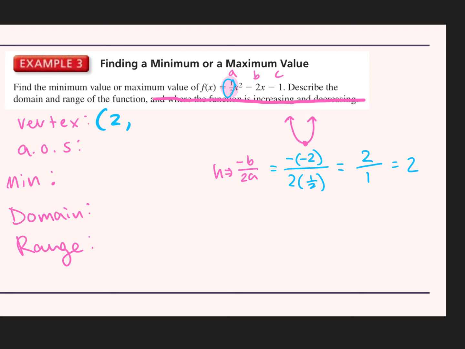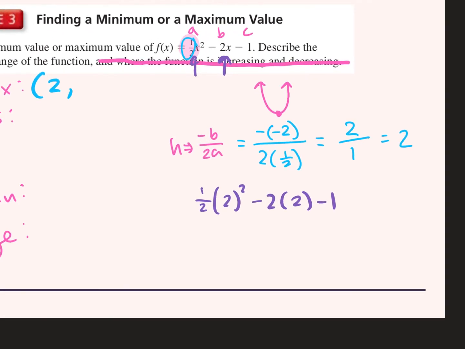How do I find the k? Plug it in. So I have 1/2 times 2 squared minus 2 times 2 minus 1. We plug it into all of our x's in the original equation, and then we solve. What do I have to do first to solve here? Square the 2. I do the exponent first, so 2 squared would be 4.